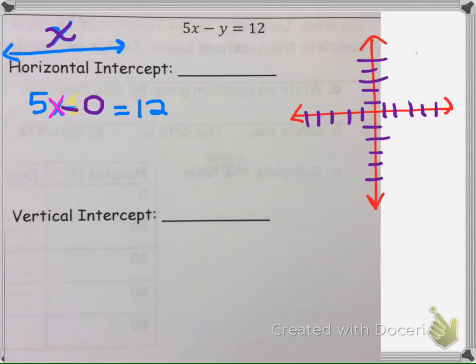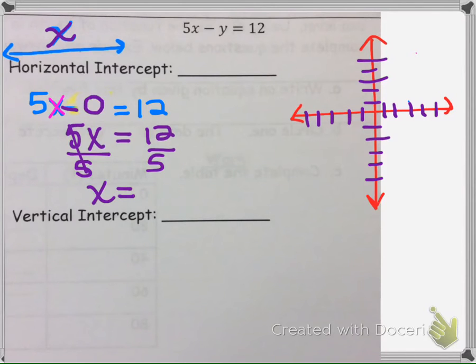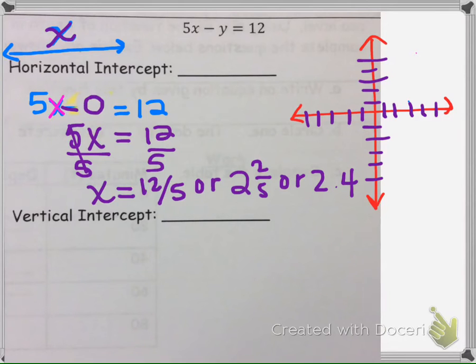So 5x minus 0 is just 5x, and then divide by 5. And we get x equals, you could write your answer as 12/5, since 5 doesn't go into 12, or you can leave it as 2 2/5, or as a decimal 2.4.